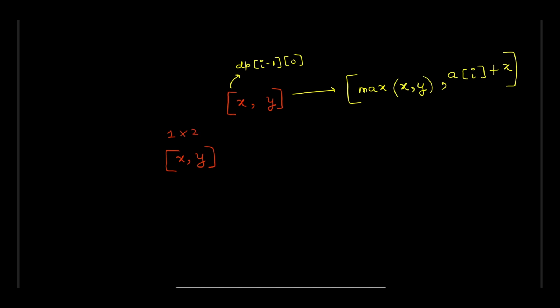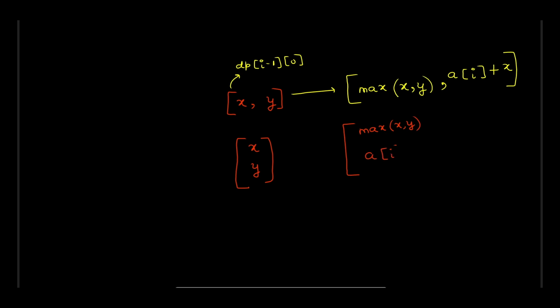This is 1 cross 2, so on the right hand side you would need a 2 cross 1, or if we define it in a vertical order, then x, y, and then max of x, y, and ai plus x.